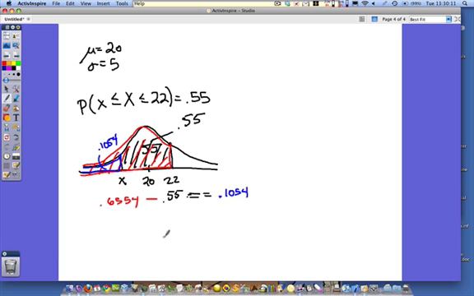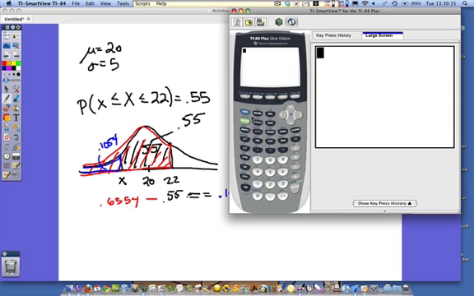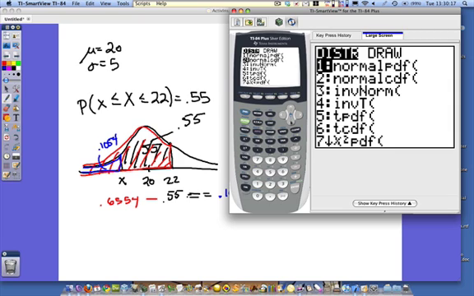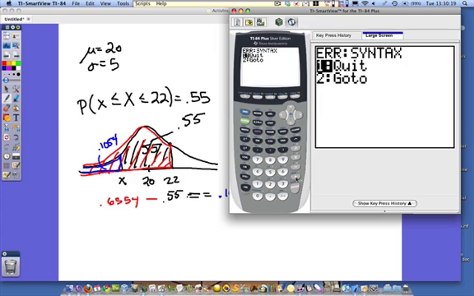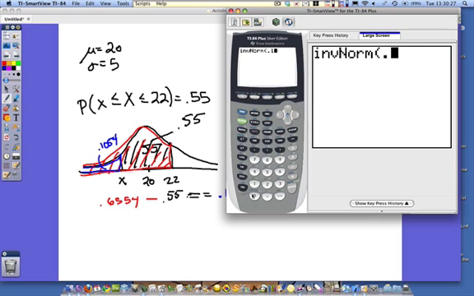So I know the blue area now is 0.1054, and I can use the inverse normal function to find out what x is. I'll go to the calculator and use the inverse normal function for that area, 0.1054, with a mean of 20 and a standard deviation of 5.